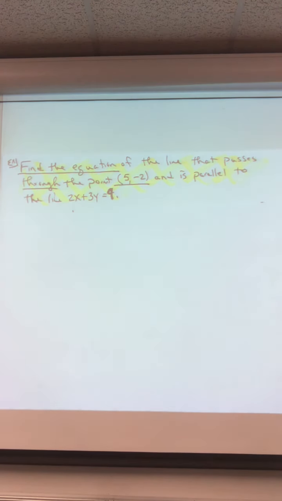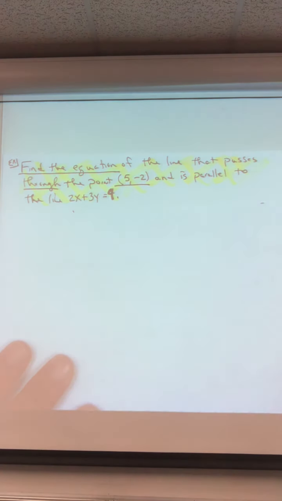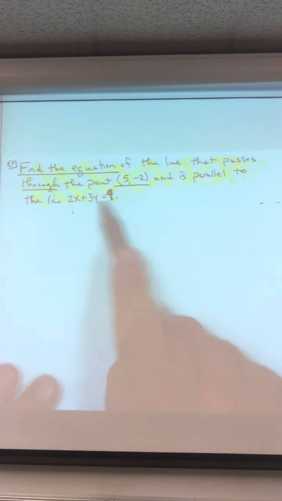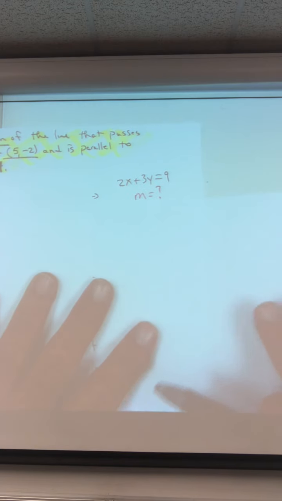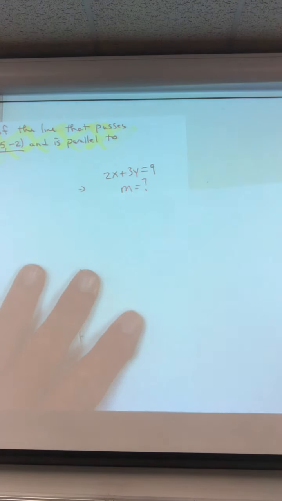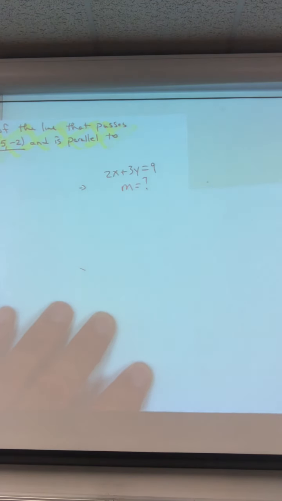So, how do we do this? Well, let's see. Let's get the slope of this line. How do we do it? If you'll remember, we talked about putting an equation of a line in slope-intercept form. So here's what I'm about to do. I'm about to find the slope of this line right here. Once again, why? Because my line is parallel to this one, and it will have the same slope.